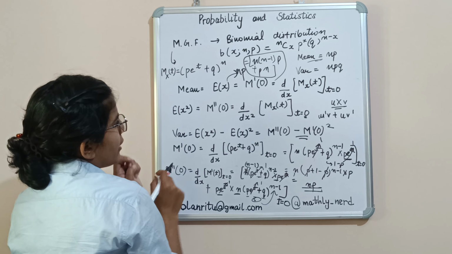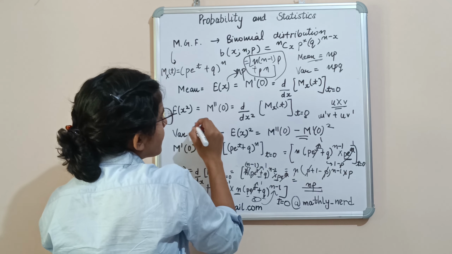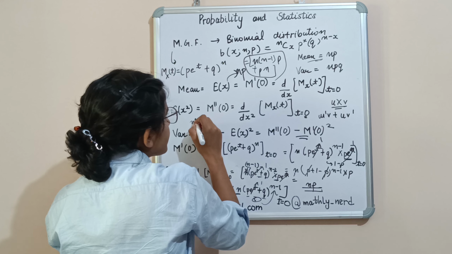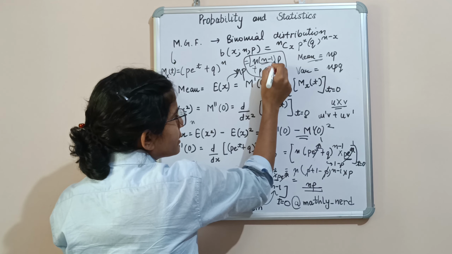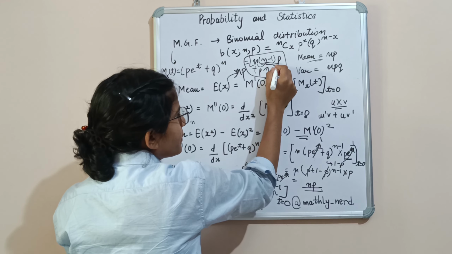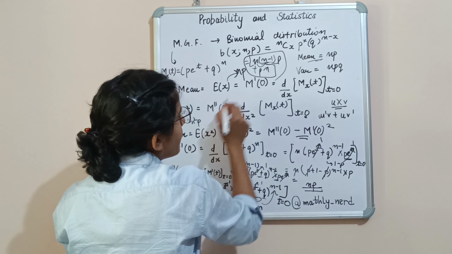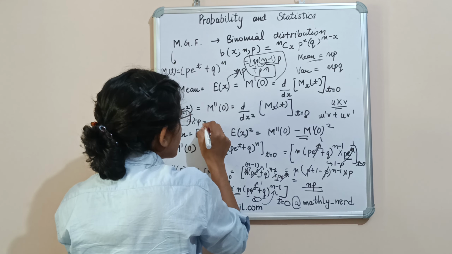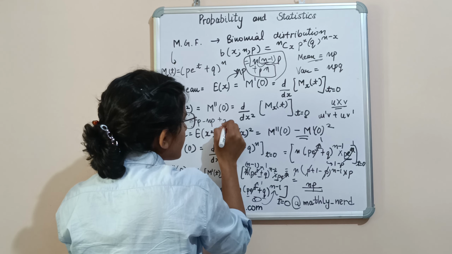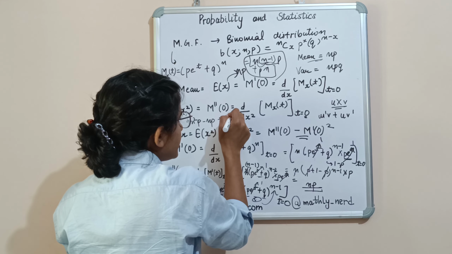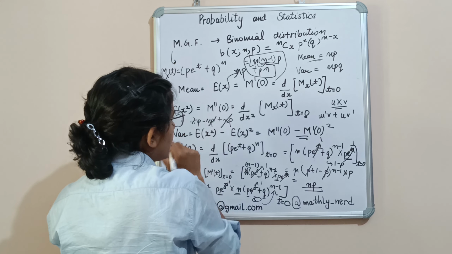So now the value for variance will be, if we solve this, n squared p minus np plus np. So this will cancel out.